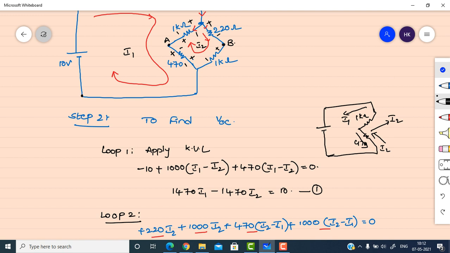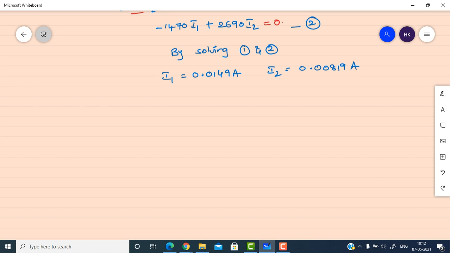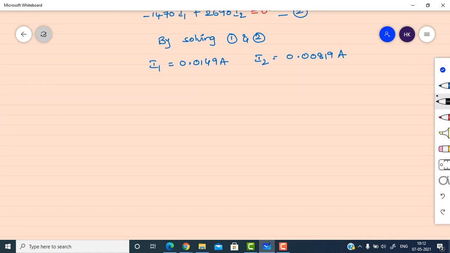So to find VOC, I will consider this one, the upper part. So that VAB, I am writing it as an unknown voltage. I am just indicating a source, that VAB.